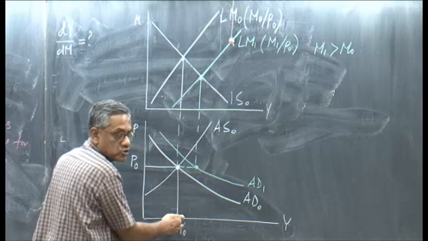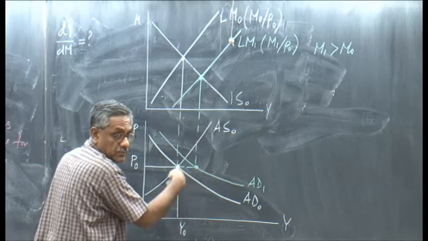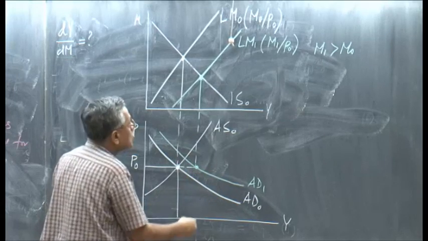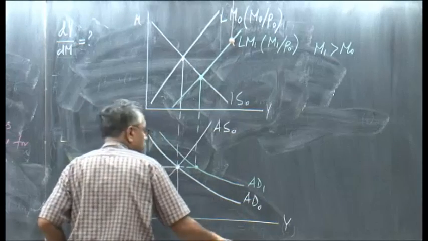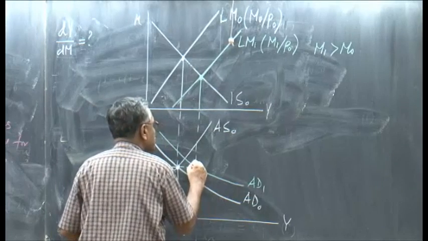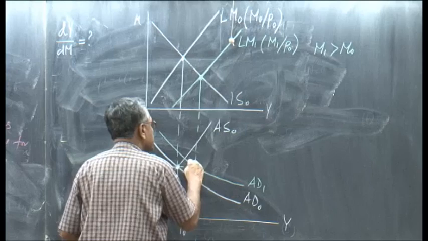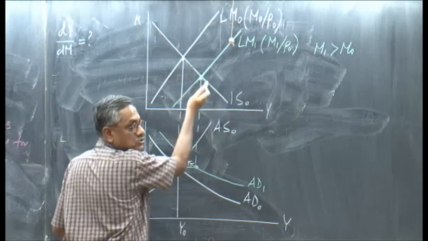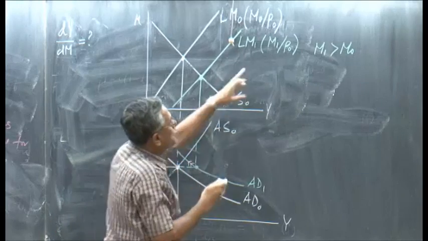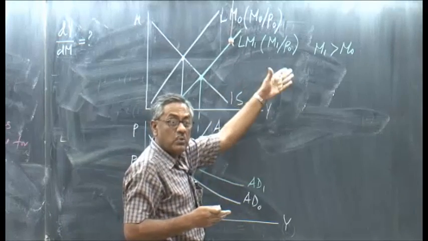Output is at Y0, demand has gone there, prices will start increasing. When prices start increasing along the demand curve, LM will start shifting backwards. M1 is there, increased value, but P1 now increases.